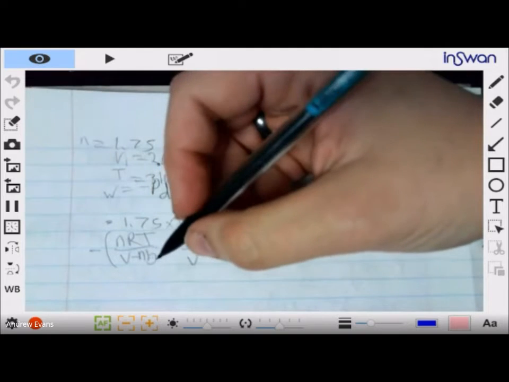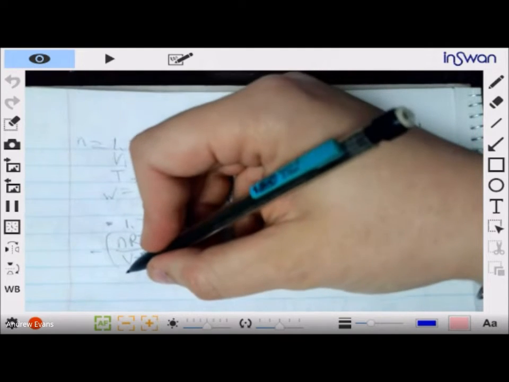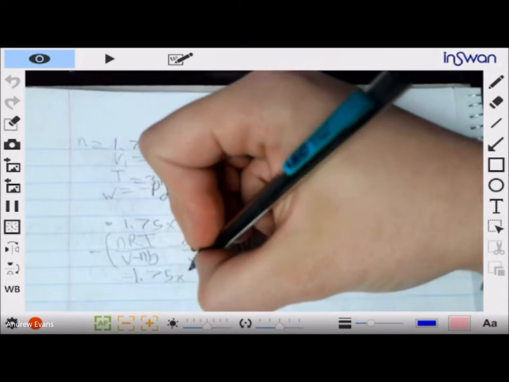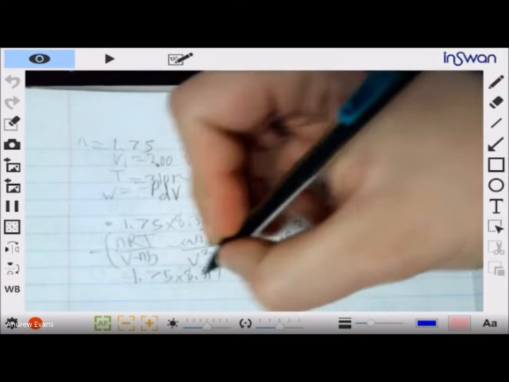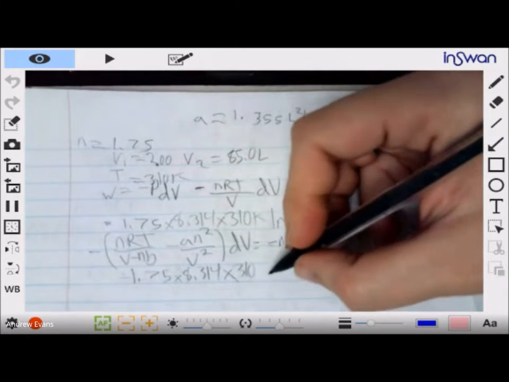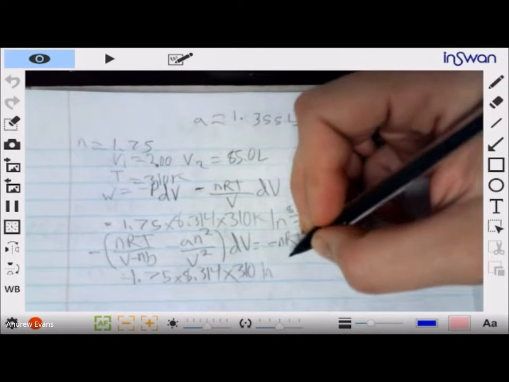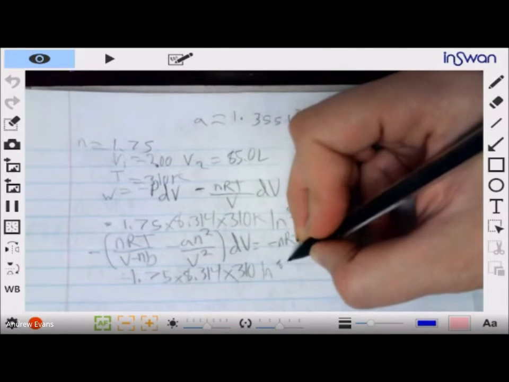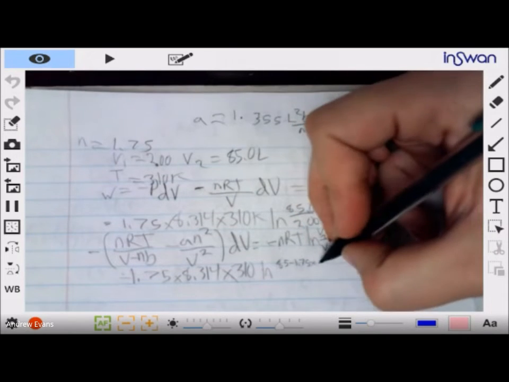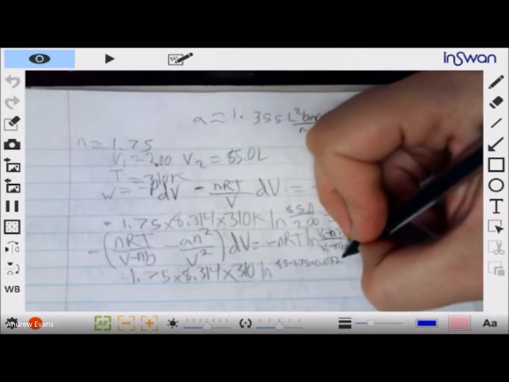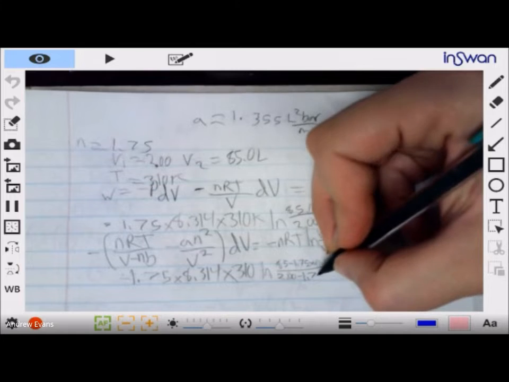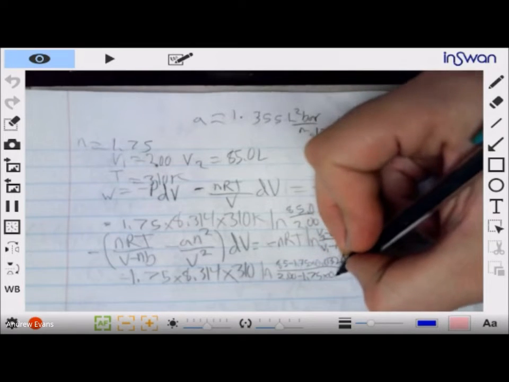So let's start plugging in some of our values. We have negative 1.75 times R, 8.314, times T, which is 310. Then ln, we have our 85 minus 1.75 times my really small 0.0320 all over 2.0 minus 1.75 times 0.0320.